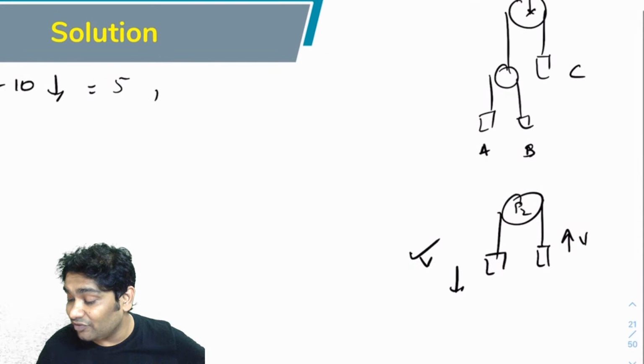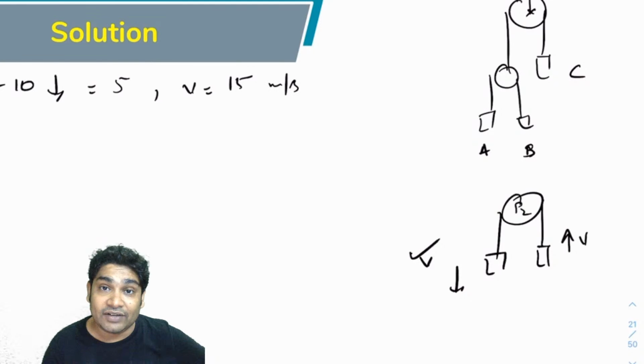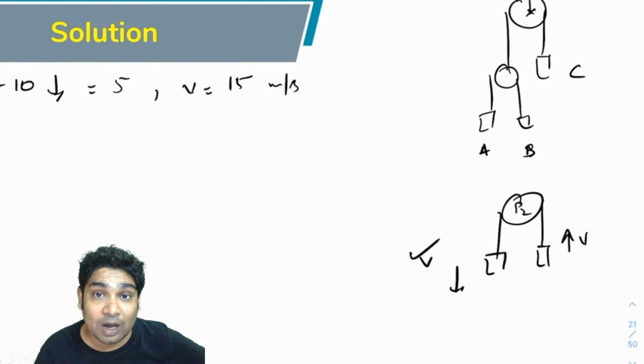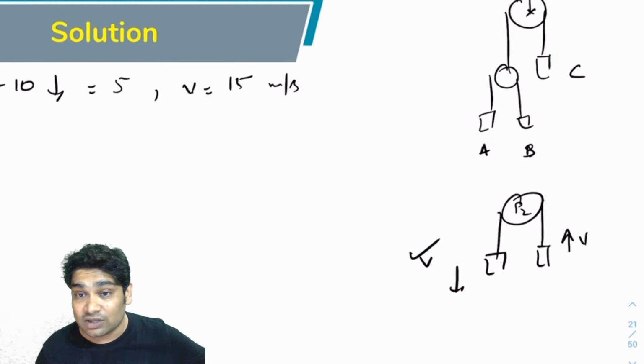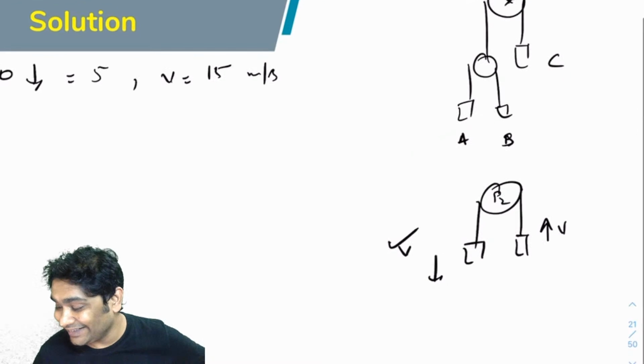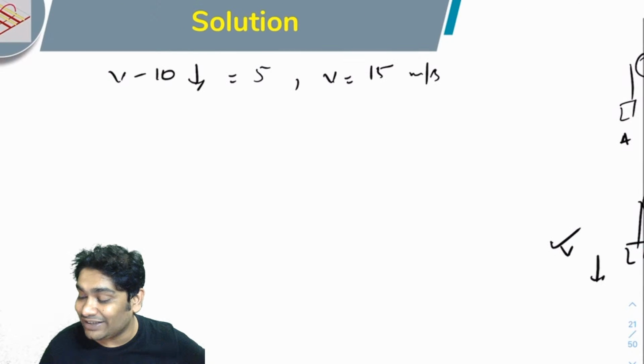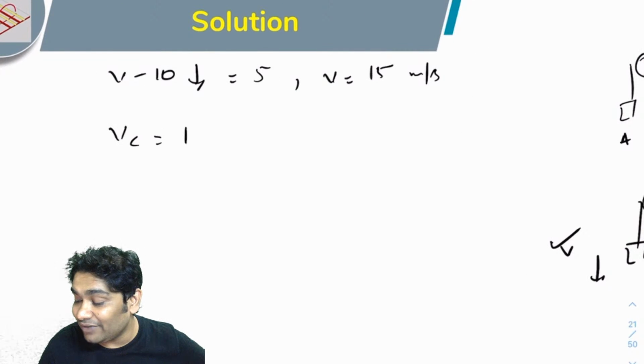So V is 15. In the reference frame of the pulley, this is going down by 15, which means this is going up by 15, and the pulley itself was going up by 10. So the ground frame velocity of C would be 15 plus 10 up, which would be 25 up.